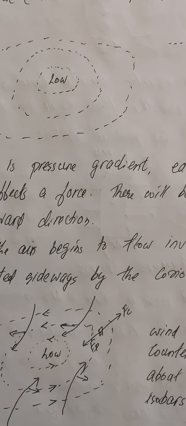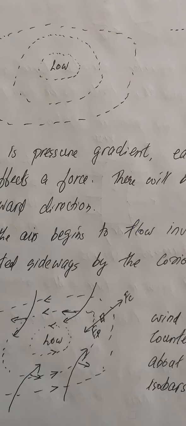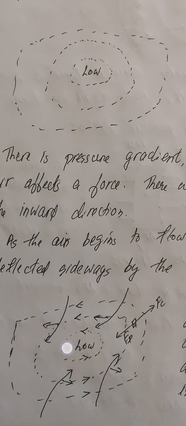So the upper region is deflected towards the left, this arrow, and here it is towards the right. So effectively there is a circulation of air. The air circulates about the isobars, and the circulation direction is counterclockwise.